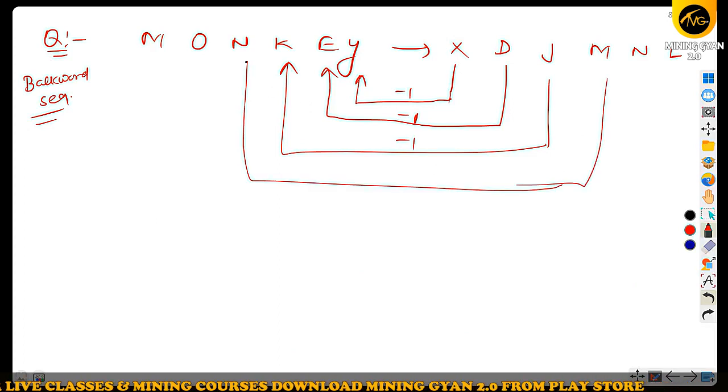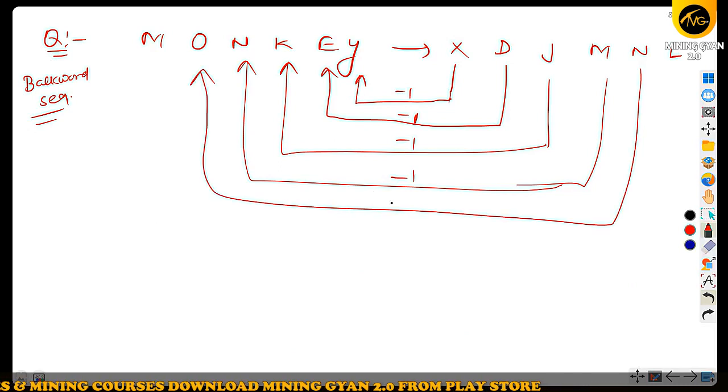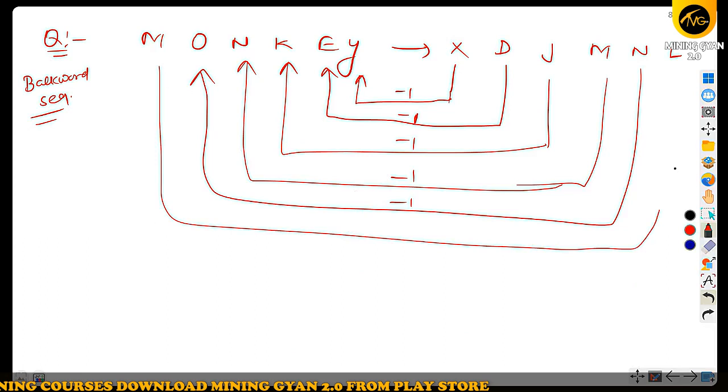M, N, so minus 1. N, O, again minus 1. And the last one is L, M. So all the gaps between these two alphabets are in this backward sequence, and the gaps are minus 1, minus 1, minus 1.